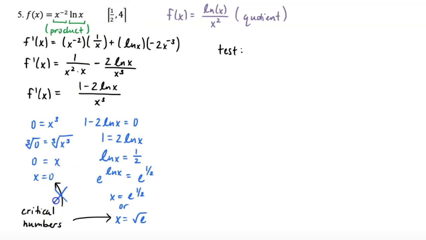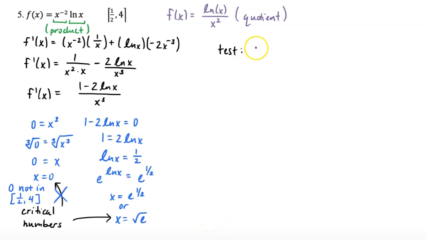So this is not a critical number because 0 is not in the interval from 1/2 to 4. And so now the square root of e, well, I know e is about 2.71, and that square root is in fact greater than 1/2 and less than 4. I could check that in my calculator too.